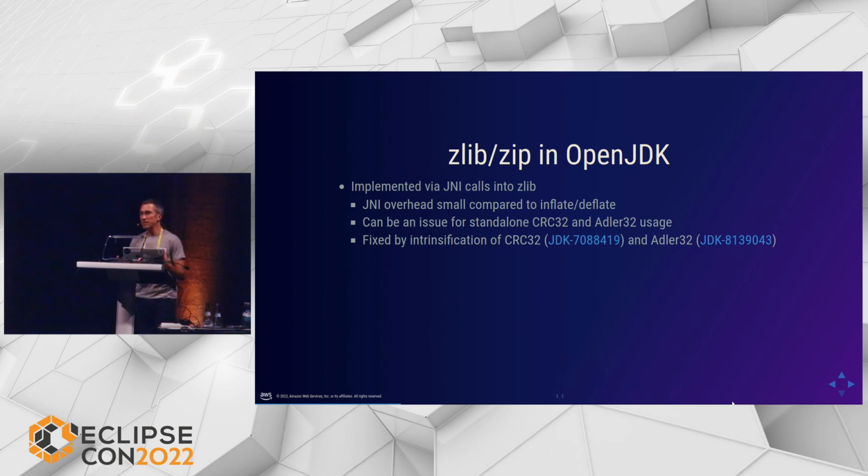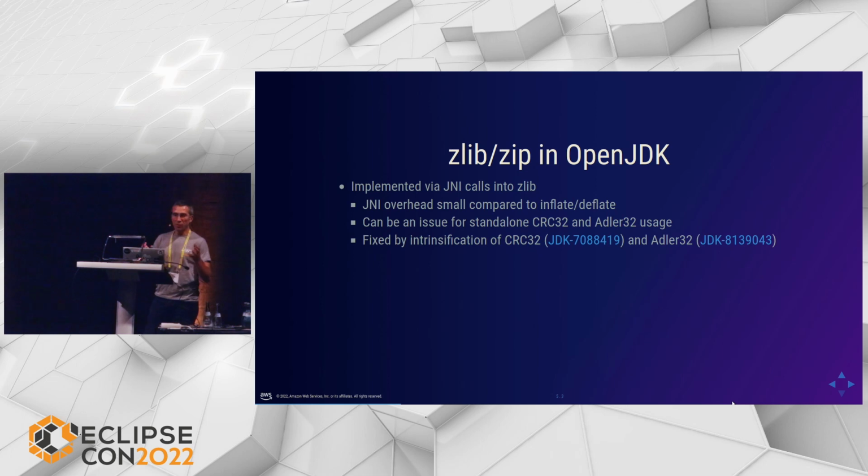Intrinsics are basically a manual assembler implementation of this functionality, which the JIT compiler knows about. When it JIT compiles the java.util.zip CRC methods, instead of compiling the bytecodes of the CRC implementation, or instead of using the downcall to zlib, it just replaces this call with optimized assembler code.